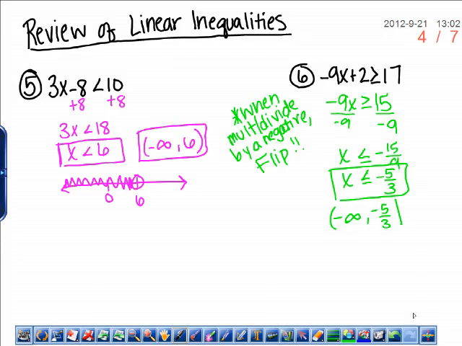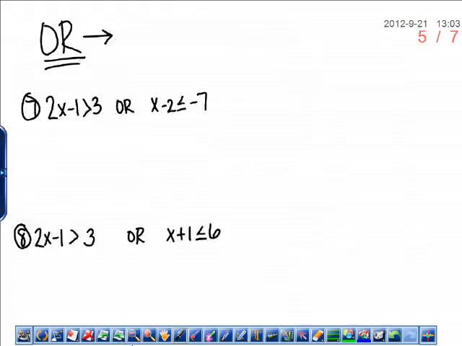Good. All right, and go ahead and graph that on a number line. What kind of circle? Shade which way? Good job.